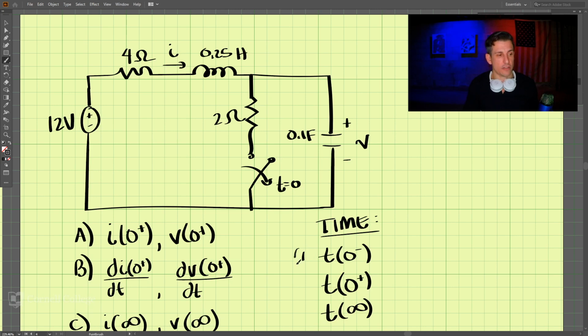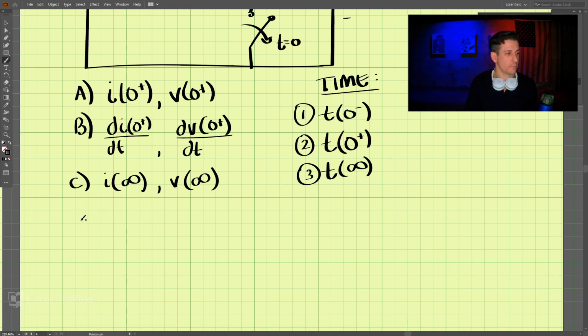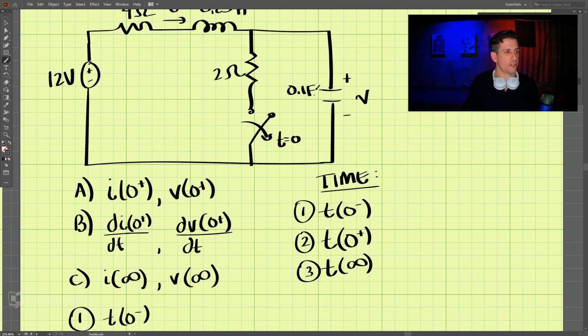We're going to solve this 3 ways: 1, 2, and 3. Okay, so let's draw a circuit for each one of these. At t equals 0 minus, this switch is closed here. So all of the current is coming down here.